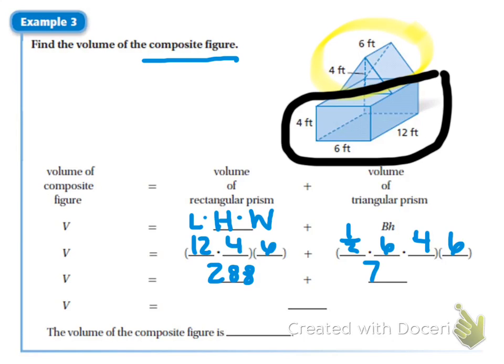Bingo, 72. Good job. So all you have to do is add these two numbers together to find the composite volume. Violet? 360 feet cubed. That is correct. And make sure you write feet cubed.